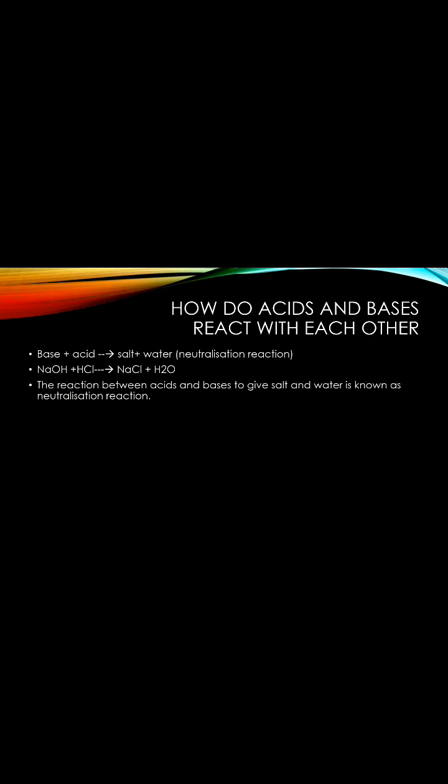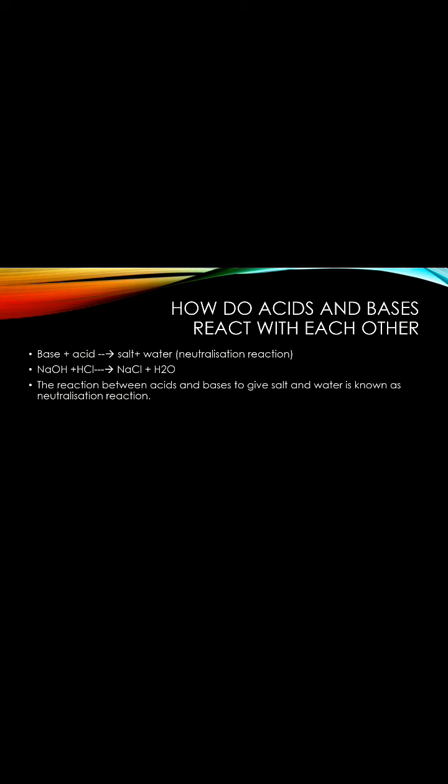And the next one, that is the next property: how do acids and bases react with each other, means acids and bases are going to react and vice versa. Okay. So base plus acid or acid plus base gives you salt and water. Say for example, NaOH reacts with HCl, you get NaCl plus water.